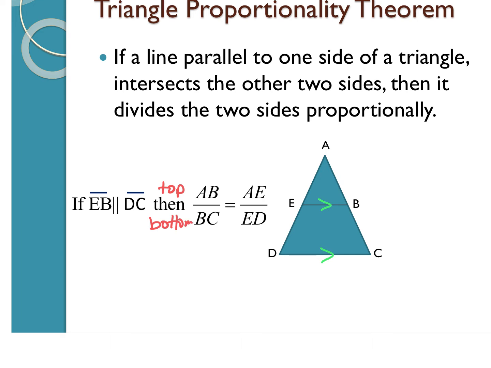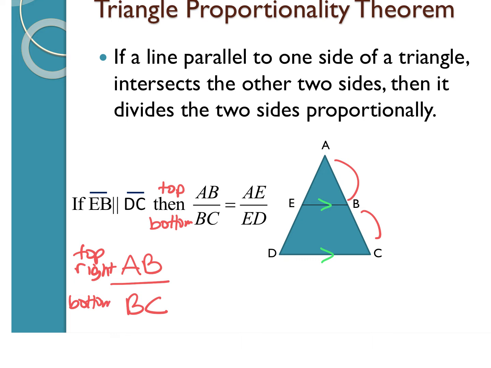So this AB is going to be the top right side over the bottom right side, and then we're setting that equal to AE, which is the top left, over ED, which is the bottom left.